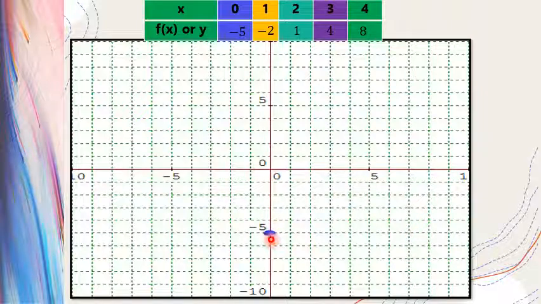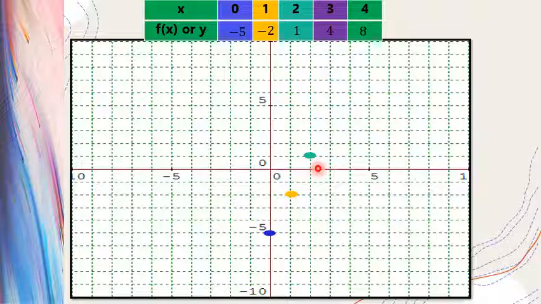So that's negative 5, and 0 lies on the vertical line. And then next, you're going to grab the yellow. 1 and negative 2. So this is positive 1 for x and negative 2 for y. Then this is the point.